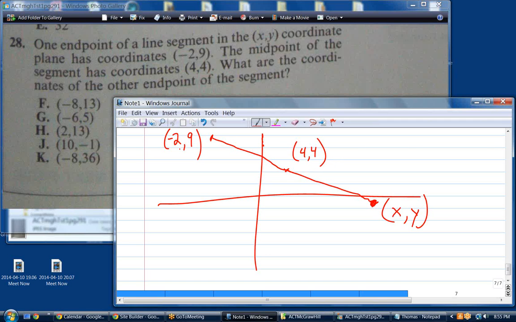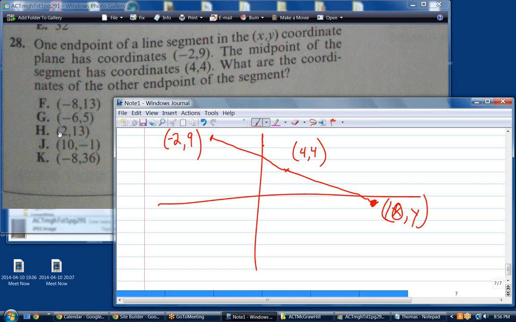You figured out that it was 6 between the x's, so it had to be another 6 to get to that x. And when you looked at the answers, most of them were negatives, and then there was a 2. Yep, and it's the 2.